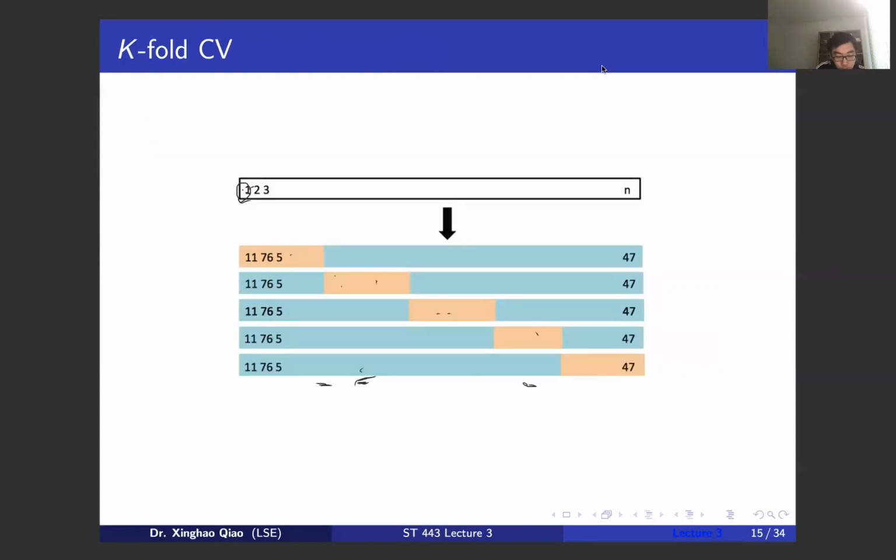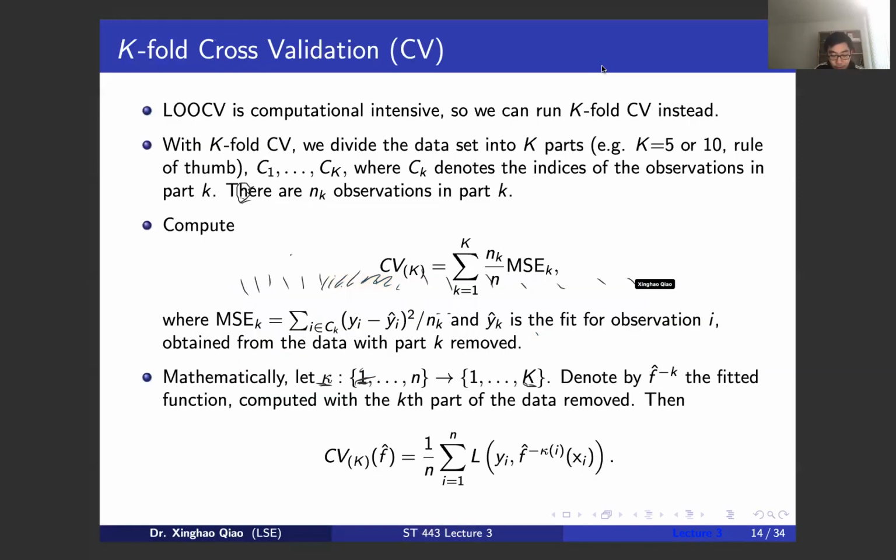For example, if the first observation belongs to the second fold, the fitted value for the first observation is obtained by training on the remaining data set. Now we can calculate the cross-validation error for the k-fold cross-validation.